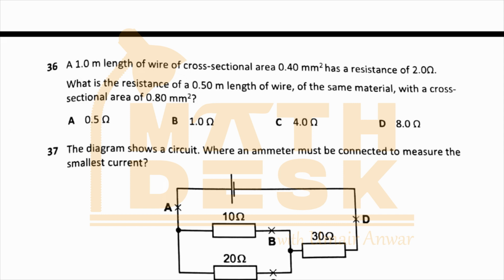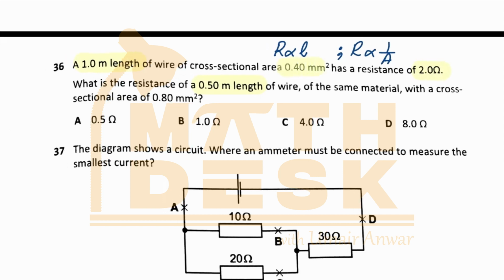So we know that the resistance is directly proportional to length and inversely proportional to the cross-sectional area. So since the length is being halved, the resistance would also become half. The length initially was 1, then it became 0.5. So the resistance value, which was initially 2, would become 1.0 ohms.